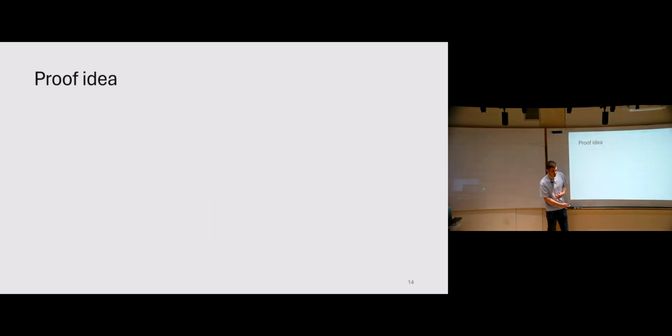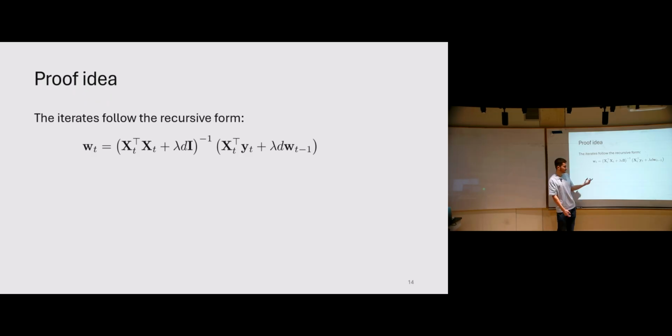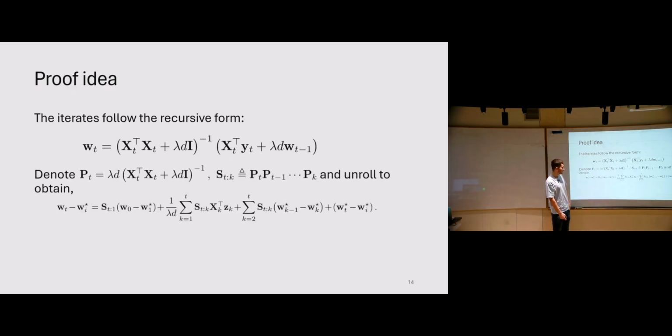So we show you the proof idea. We start with the solution for a specific task T. Solving the least squares will yield this quantity. Then we denote P_T equals this matrix, and S_T to K is the multiplication of P_T until P_K. Unrolling this identity will yield this expression.